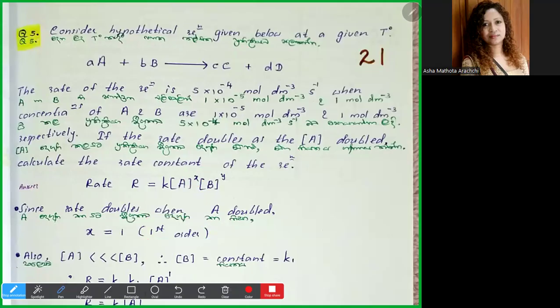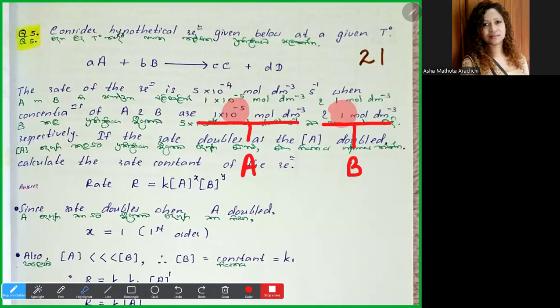Then another data is there. If you compare these two concentrations, 1 × 10^-5 and 1: 1 × 10^-5 is for A, 1 is for B. So if you analyze these two, 10^-5 and this is just 1, so 1 is really, really high.